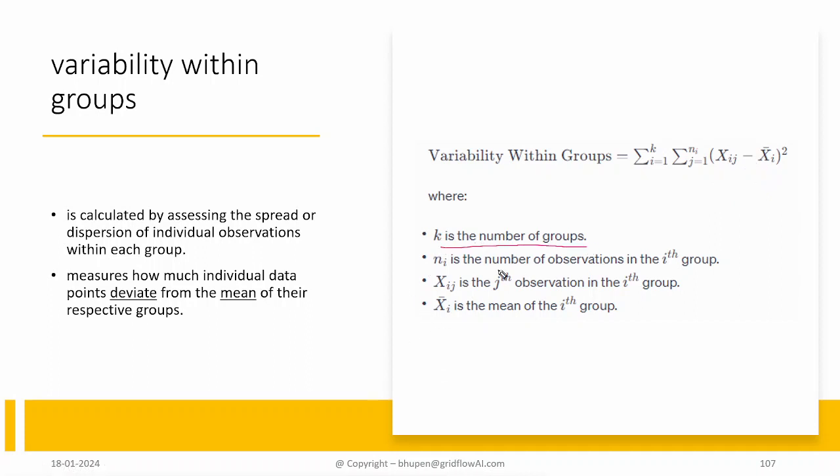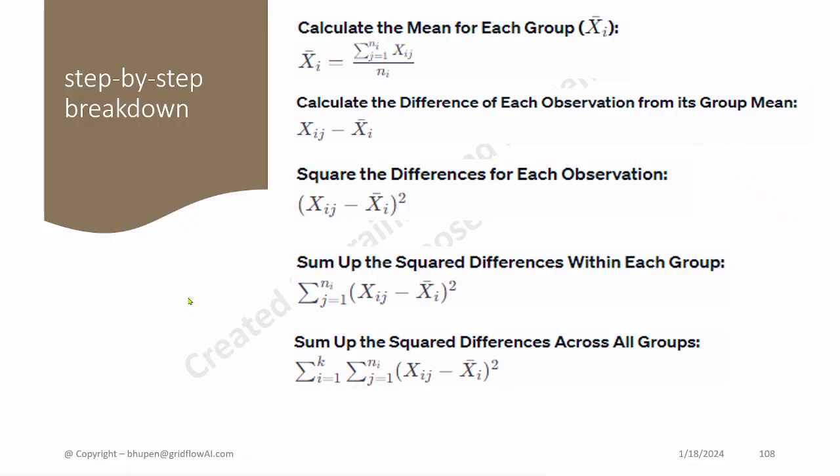K is the number of groups, Ni is the number of observations in the ith group, and Xij is that observation, and Xi-bar is the mean of that particular group. So first we compute all of that, essentially to find out how much is the deviation of each point from the mean of that group.